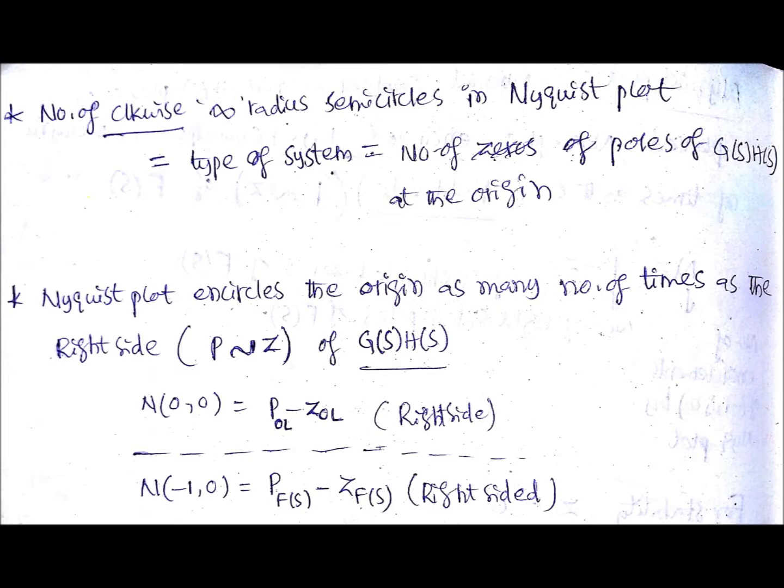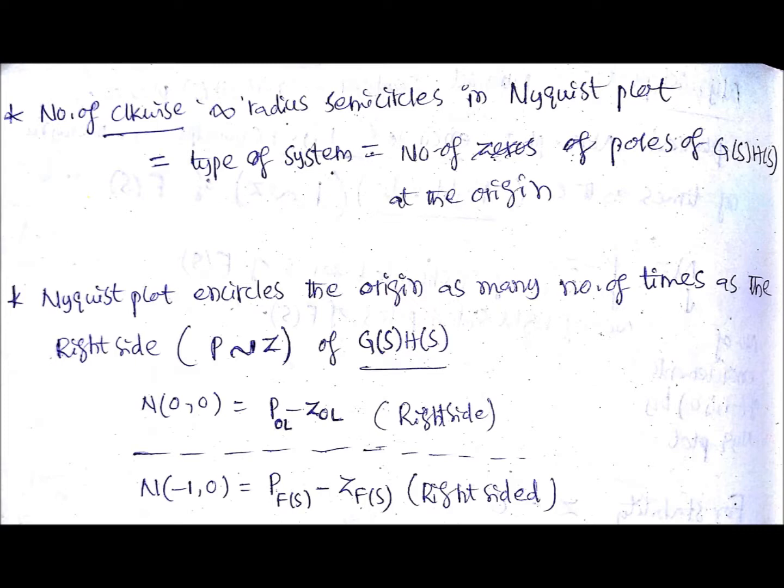The type of a system is the number of poles at the origin, and it is for G(s)H(s), because we are drawing the Nyquist plot for G(s)H(s). One more important point: the Nyquist plot encircles the origin as many times as the right-side poles minus zeros of G(s)H(s).